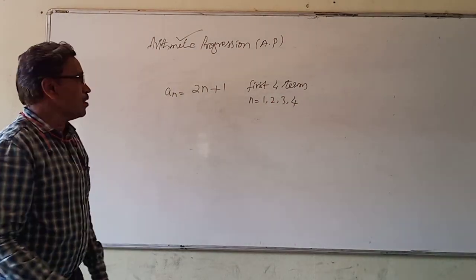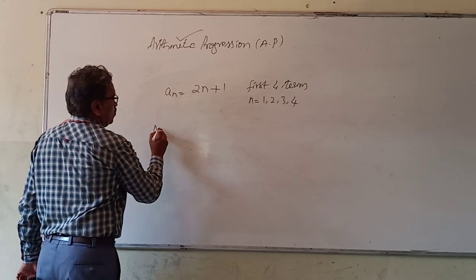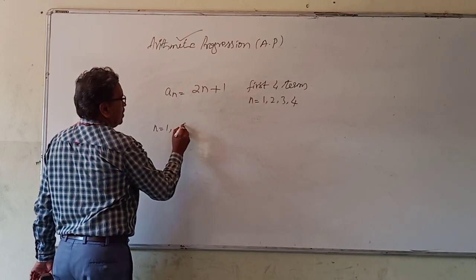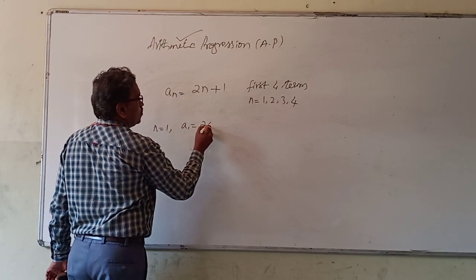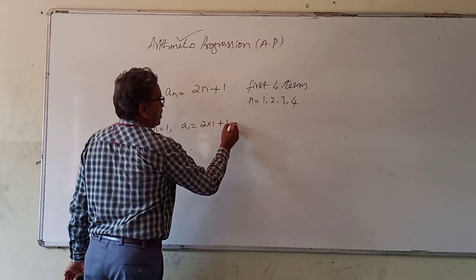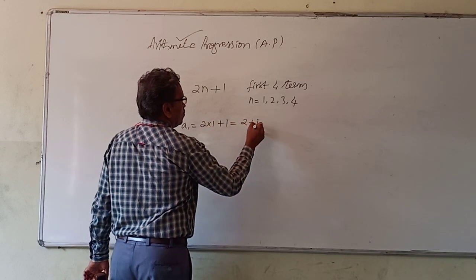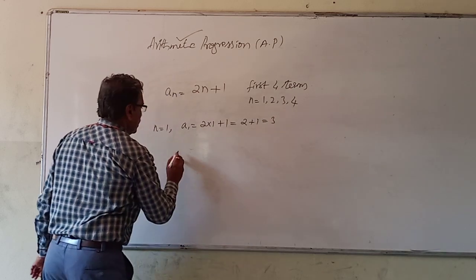So if n is equal to 1, then a1 is equal to 2 into 1 plus 1, which is 2 plus 1 equal to 3.